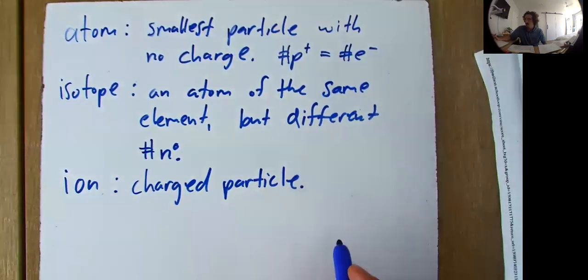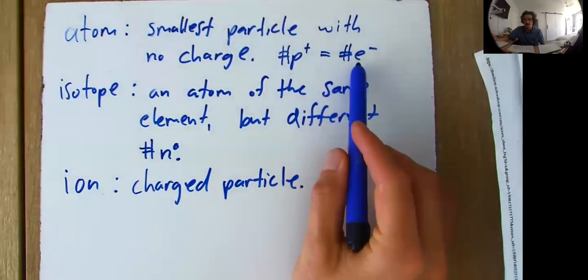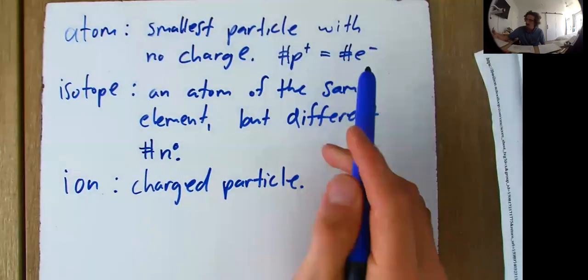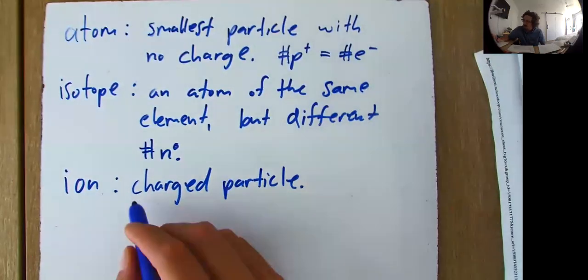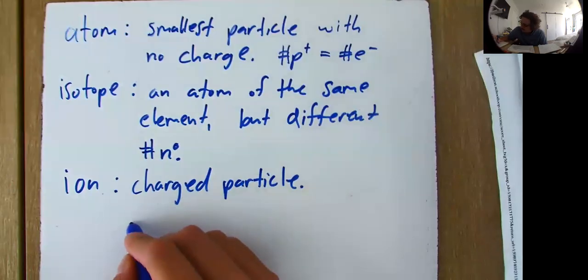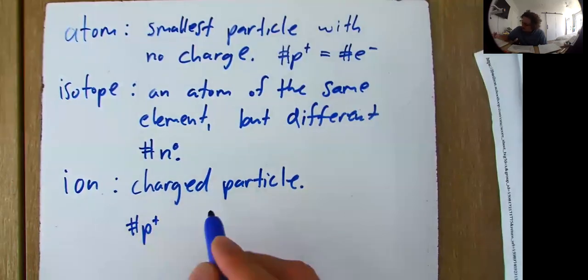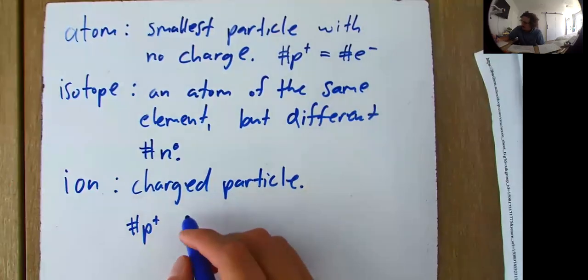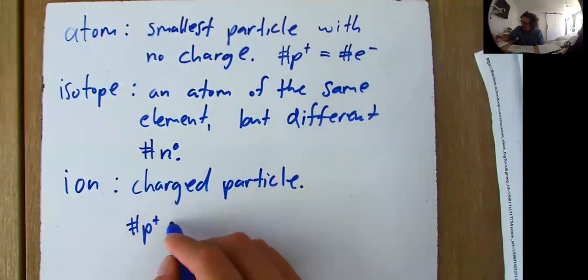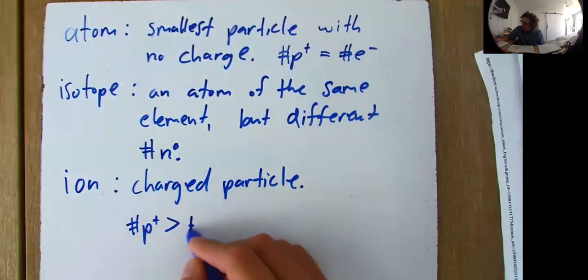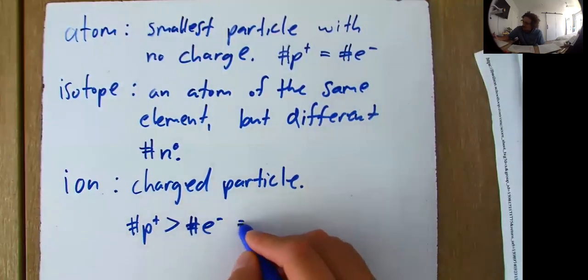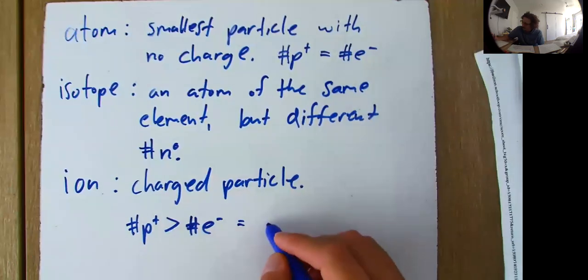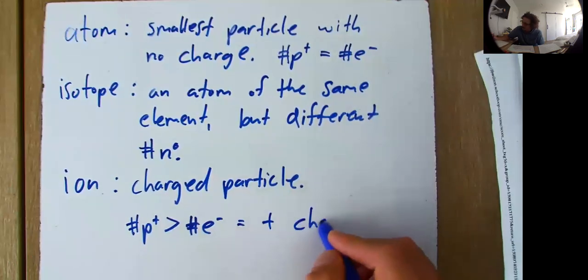It becomes a charged particle when there's a difference in the number of protons and electrons. So an atom has an equal number of protons and electrons, but an ion has a difference in the protons and electrons. So if the number of protons is greater than the number of electrons, then this means it's a positive charge.